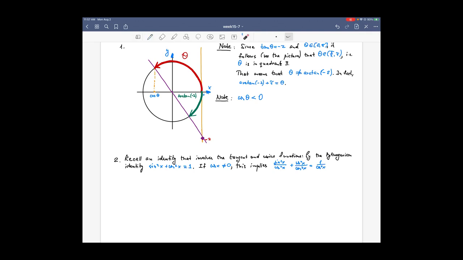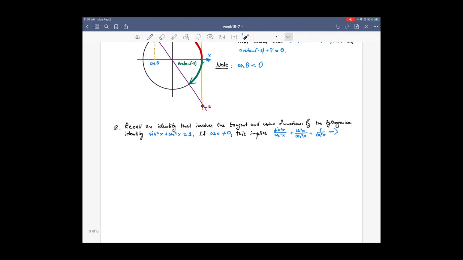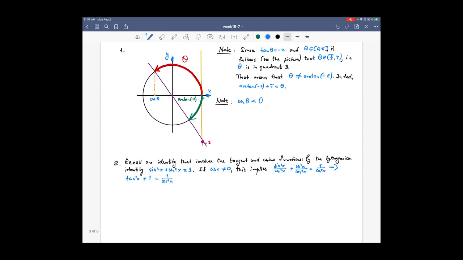So I took this identity and simply divided through by cosine squared, i.e. sine squared over cosine squared is of course tangent squared, cosine over cosine is 1, and 1 over cosine squared stays as is.